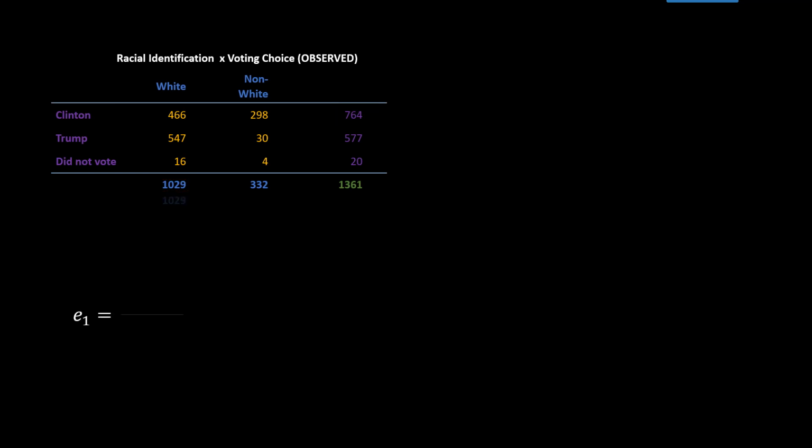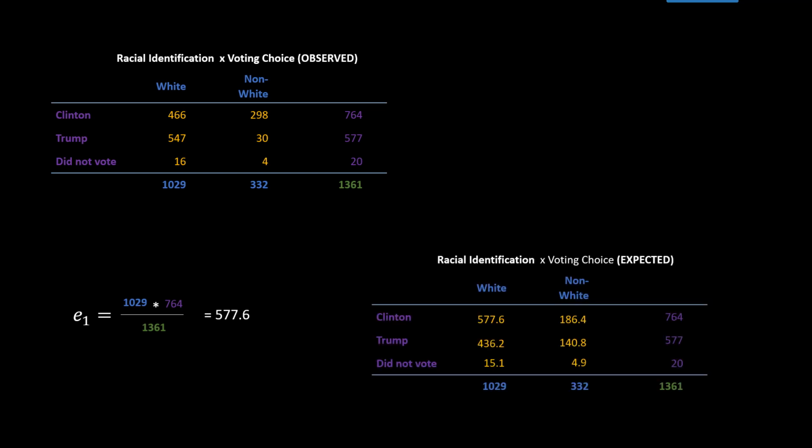So we multiply these two together and divide by the total, 1361, and this gives us 577.6. That's the expected number of people who voted for Clinton and were white, assuming that there is no relationship between race and voting choice. This table shows all the expected values.